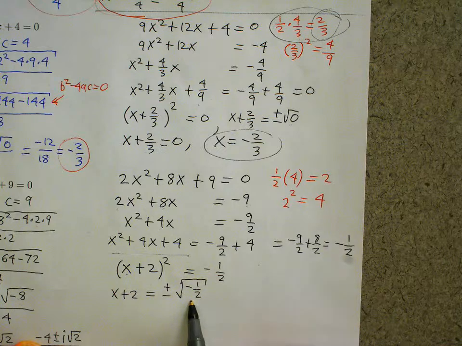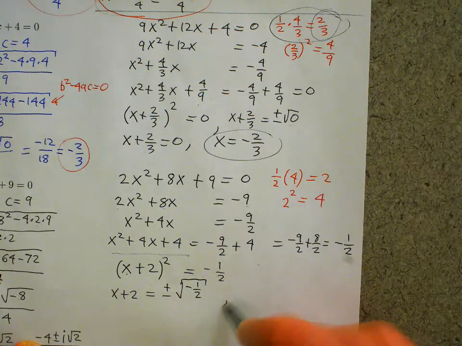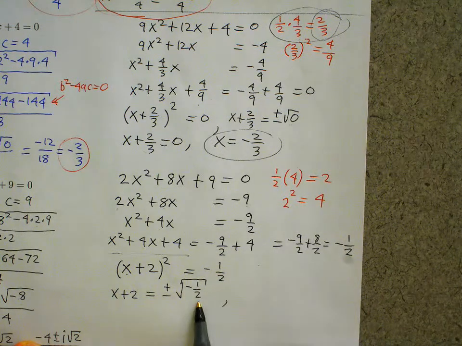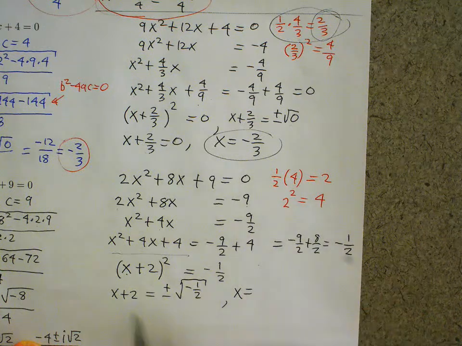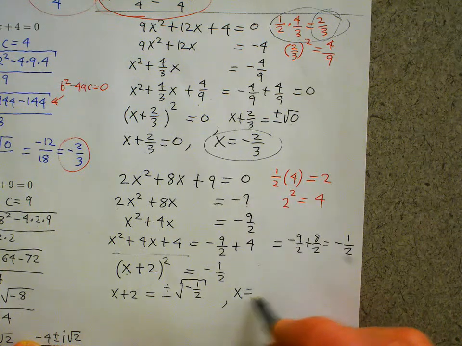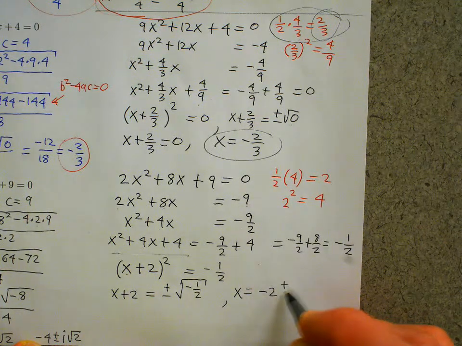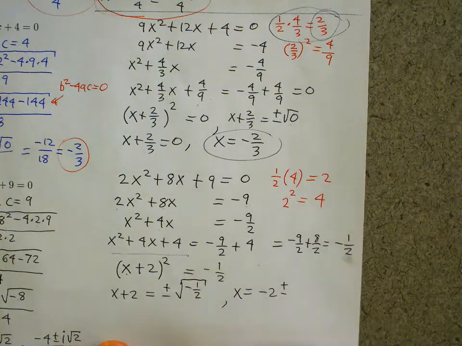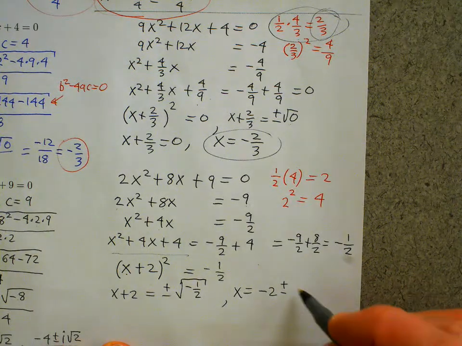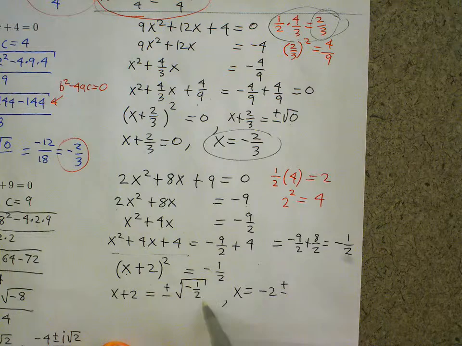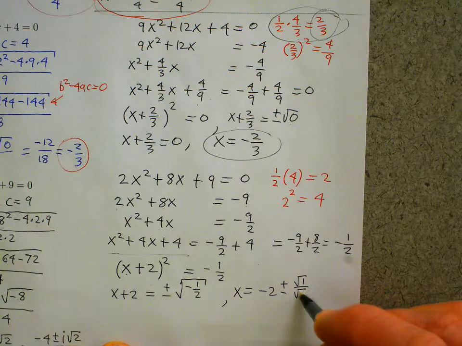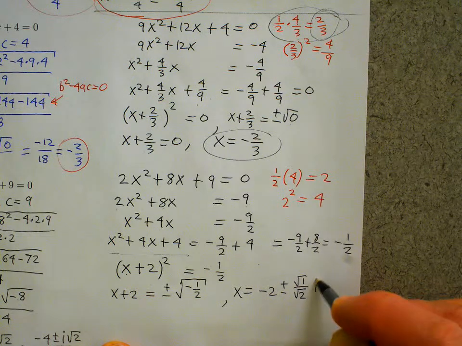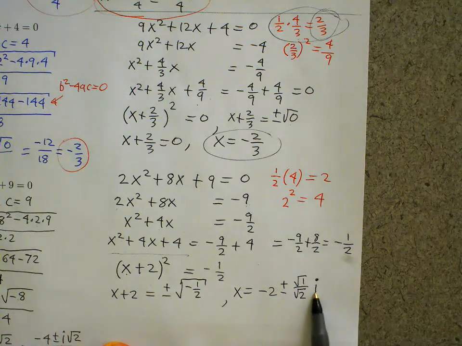So on this one, we have a couple of things to do. Let's go ahead and subtract 2 from both sides. So we have x equals negative 2 plus and minus. And I'll rewrite the square root of negative 1/2 as the square root of 1 over the square root of 2 times i, because the square root of negative 1 is i.